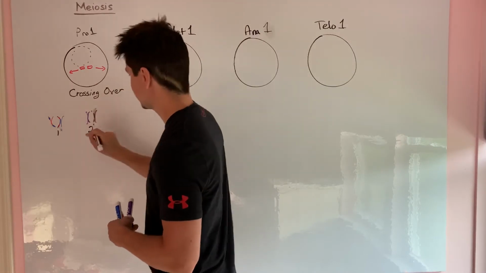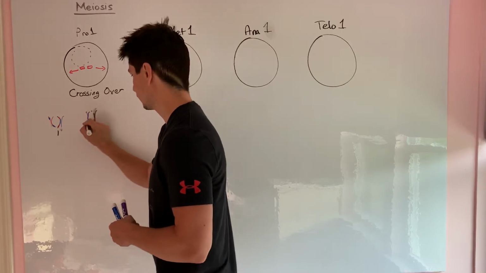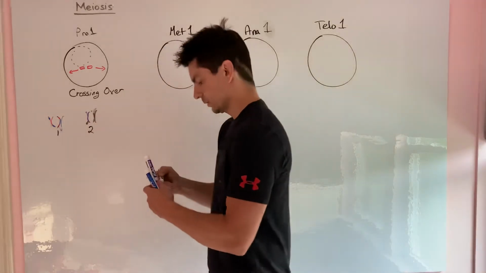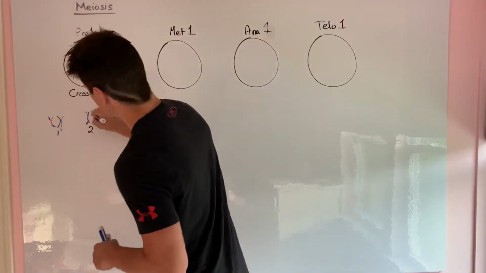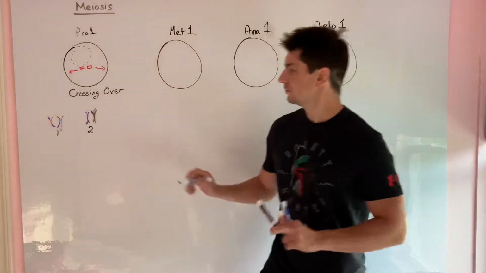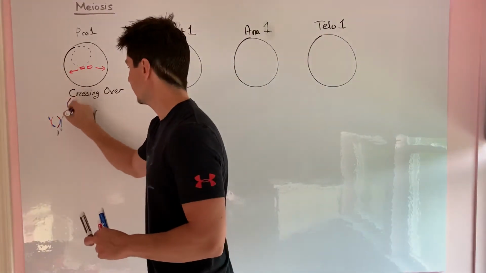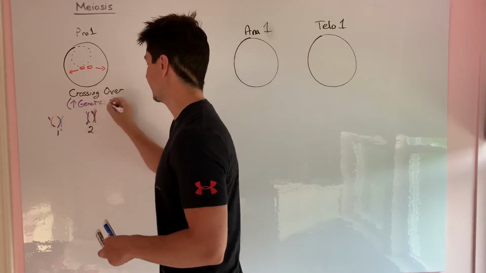We're going to have pieces get cut out there. Put some brown over there. Put some purple here. Okay. The goal of crossing over, guys, is to increase our genetic variation in the next generation.